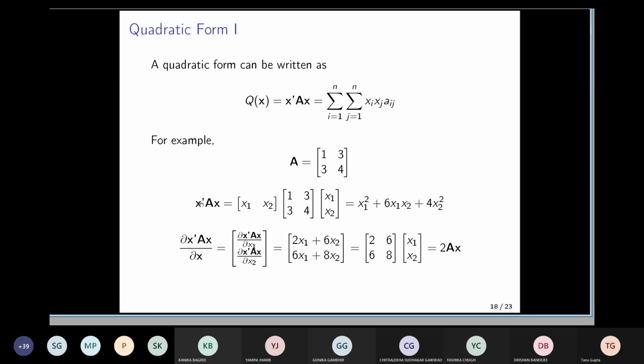So x prime will be a row vector with two elements x1, x2, and x will be a column vector with two elements again, because x is nothing but the transpose of this row vector.